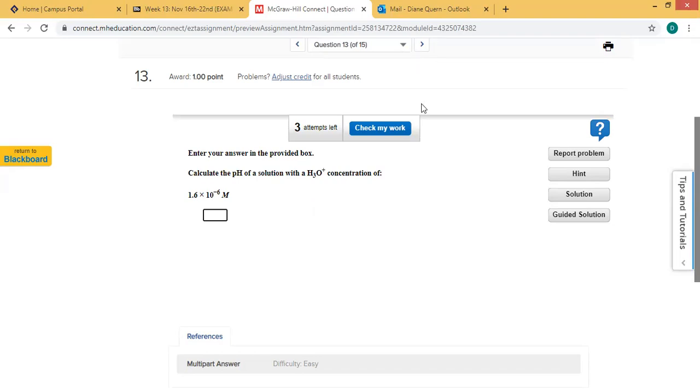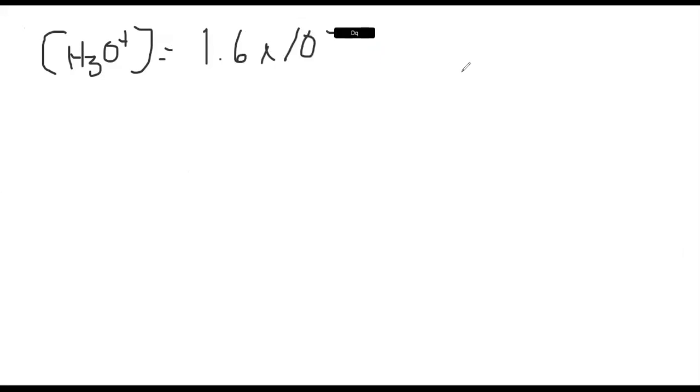So let's go ahead and work that one out. This time they gave us the concentration of the H3O plus. They said it was 1.6 times 10 to the negative 6 molar, and they're asking for pH.